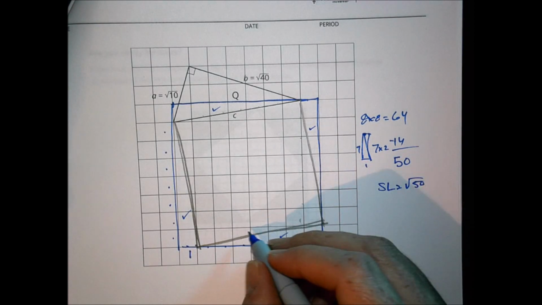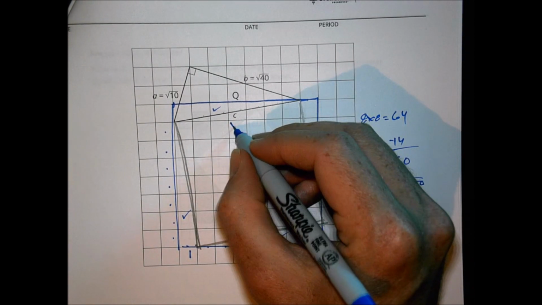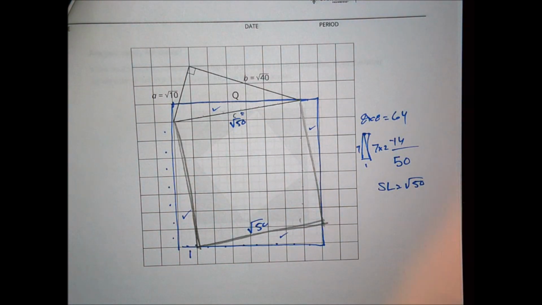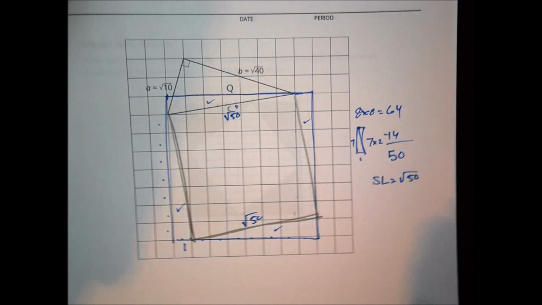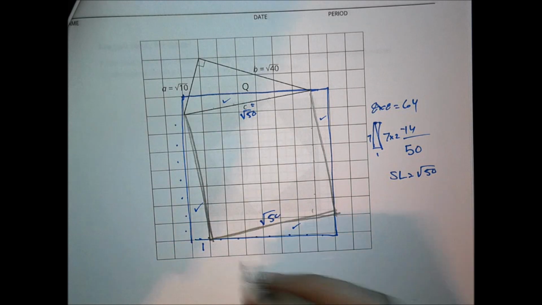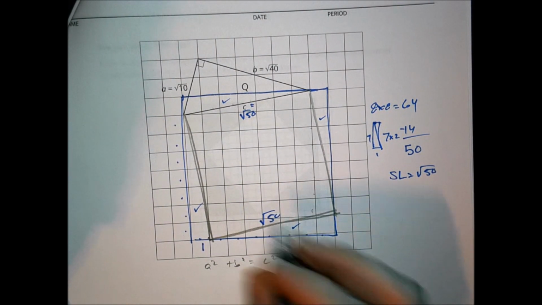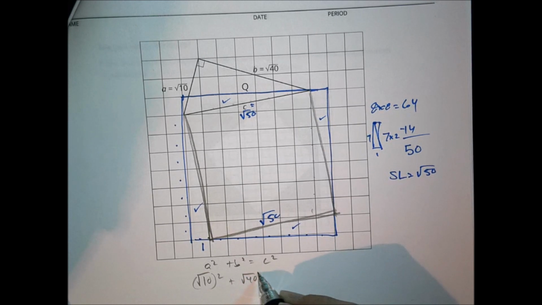Okay, so this side length right here is square root of 50, which makes C equal to square root of 50. So let's see what happens here. Can I get A squared plus B squared equals C squared? Let's just see. So we'd have root 10 squared plus root 40 squared equals root 50 squared.